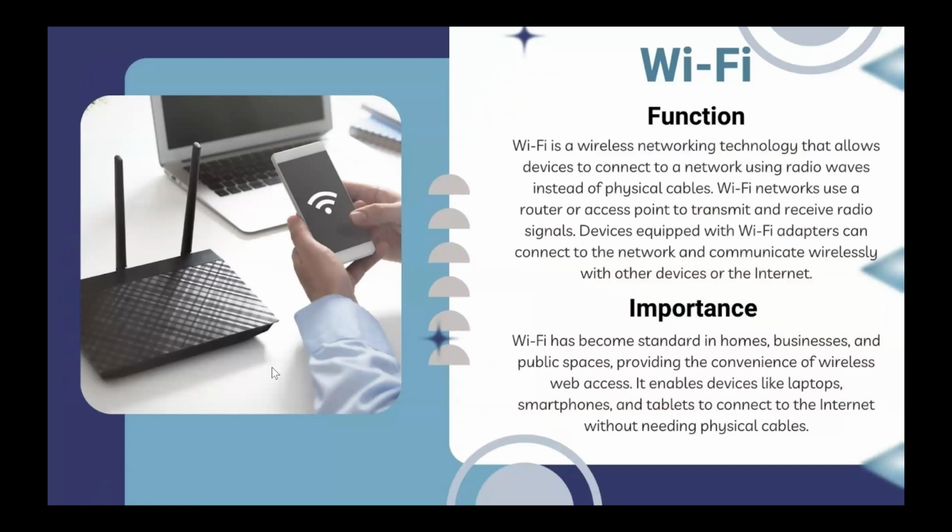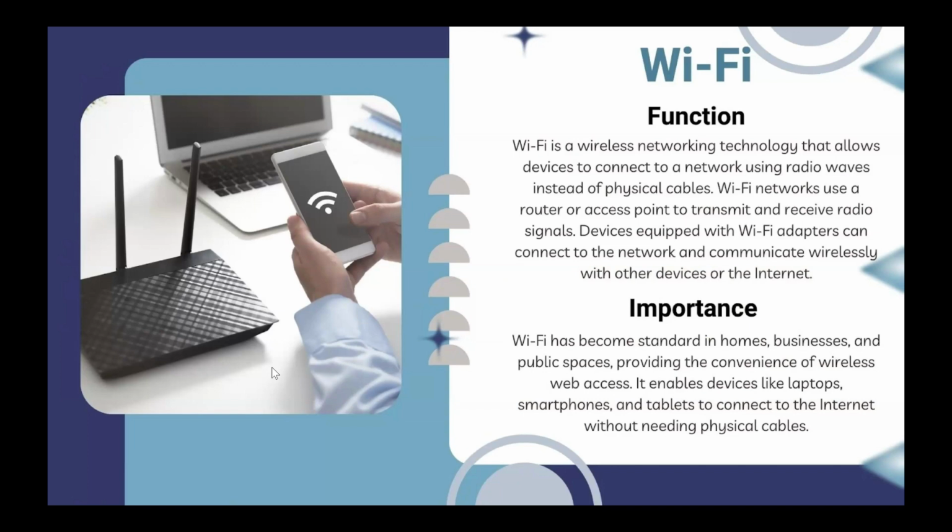Okay, now we're going to talk about Wi-Fi. Wi-Fi is a wireless networking technology that allows devices to connect to a network using radio waves instead of physical cables. Wi-Fi networks use a router or access point to transmit and receive radio signals.